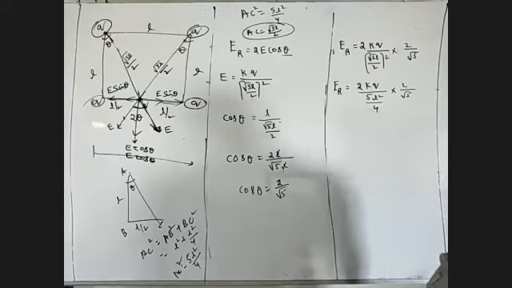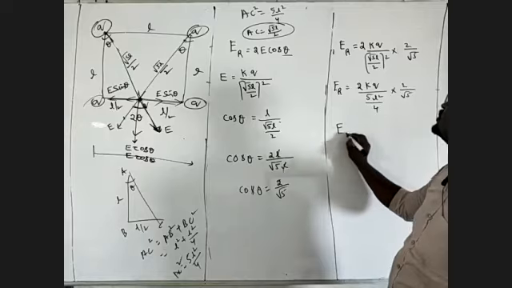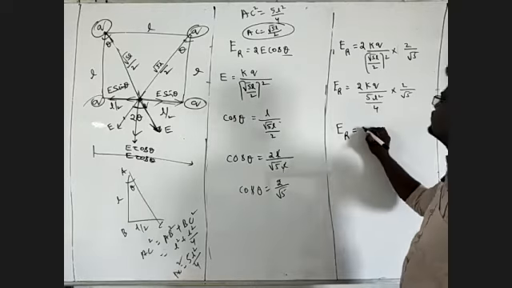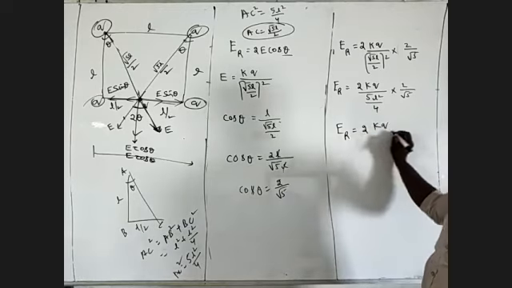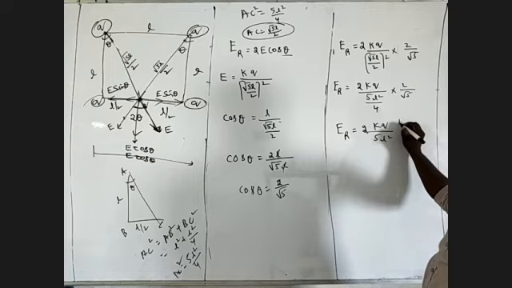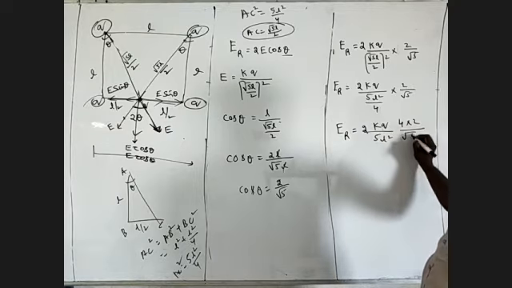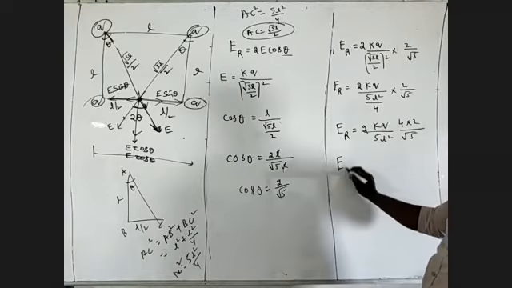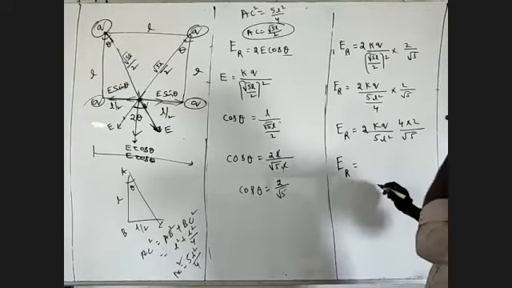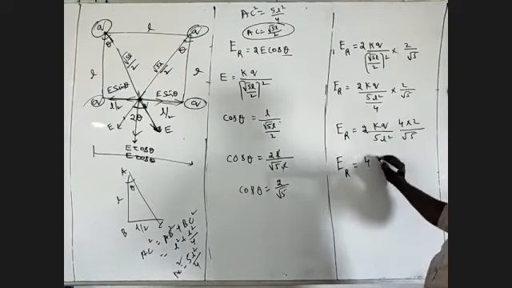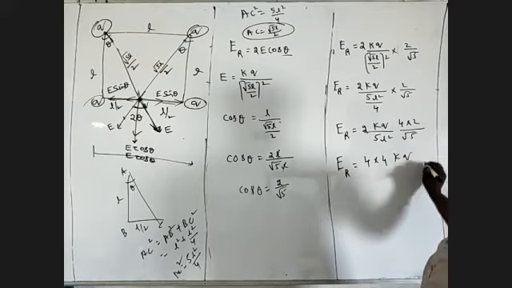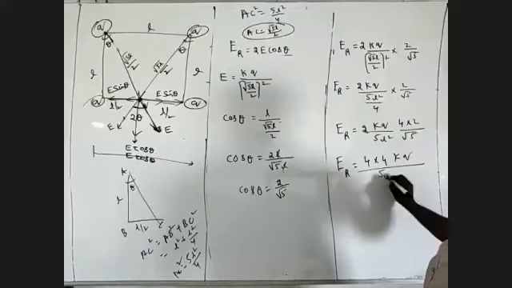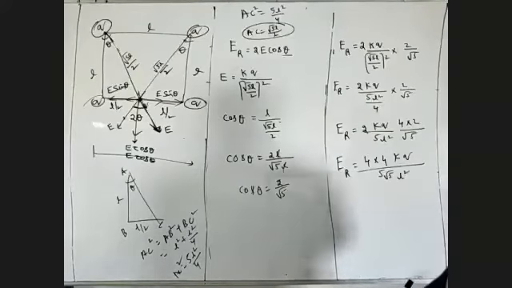So by root 5. So next, E_R is equal to 2K q³ by 5L², 4 into root 5. Now E_R is equal to 3 into 4, 4 into 4 into K q³ by the 5 root 2 L².